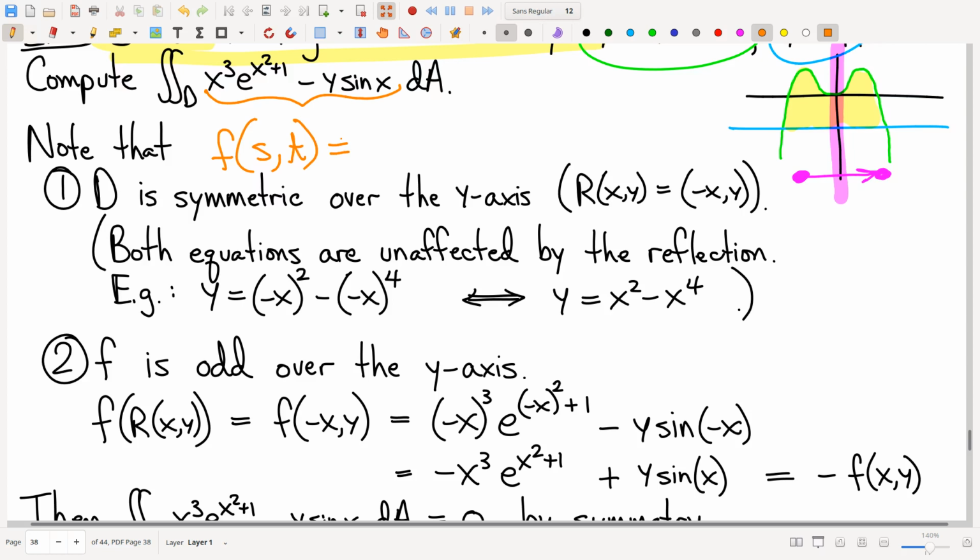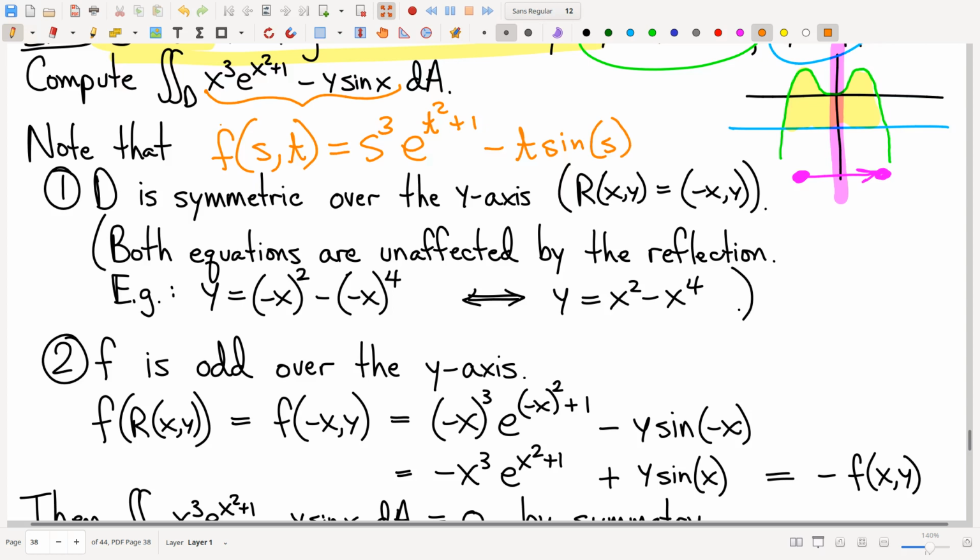So this is now s cubed e to the power of t squared plus 1, minus t sine of s. Isn't that cool? The same function, but instead of writing it as a function of x and y, I'm writing it as a function of s and t.